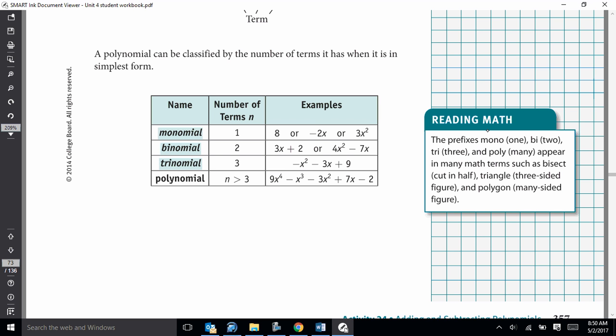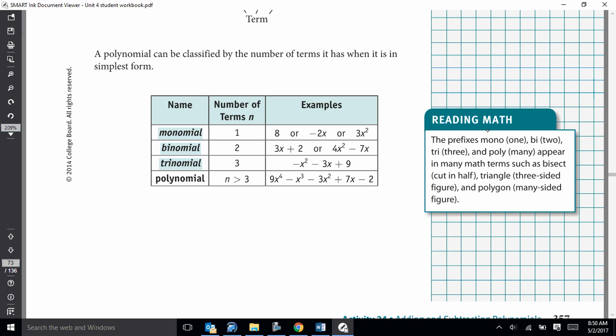So we don't have a quad polynomial or quintinomial or hectonomial or anything like that. Octanomial, just stop. So all polynomials after that.